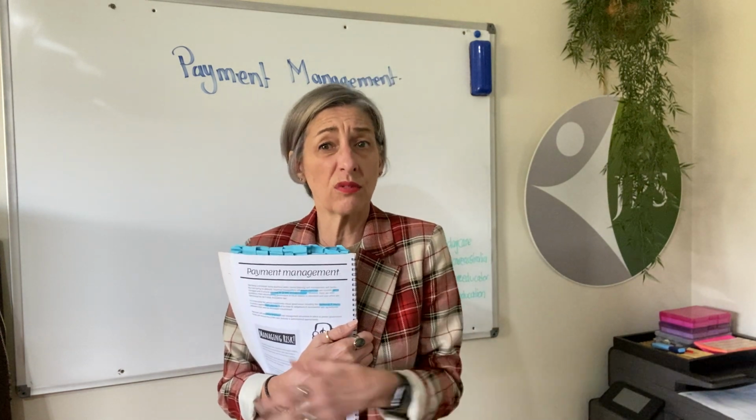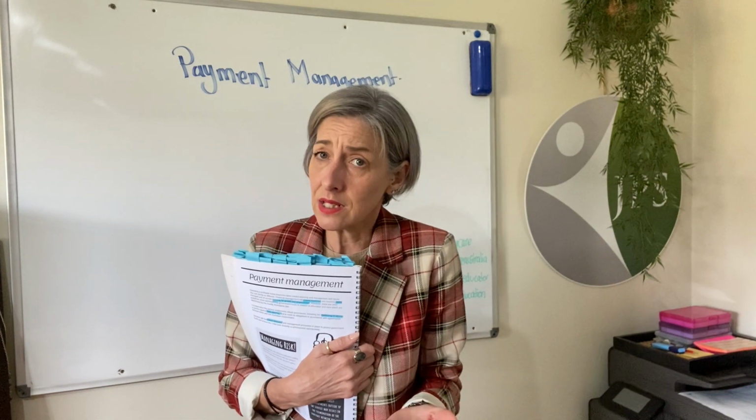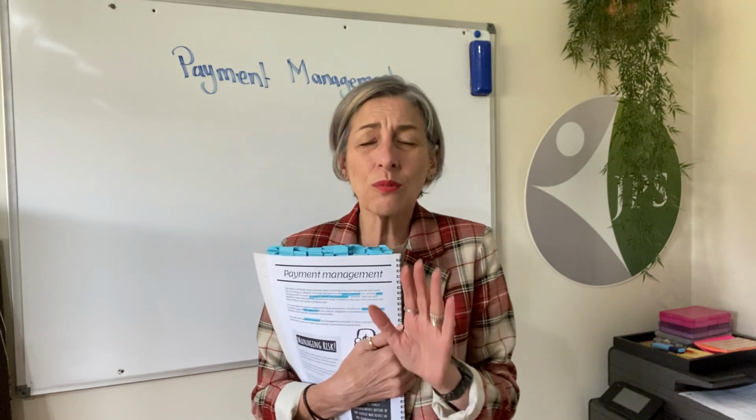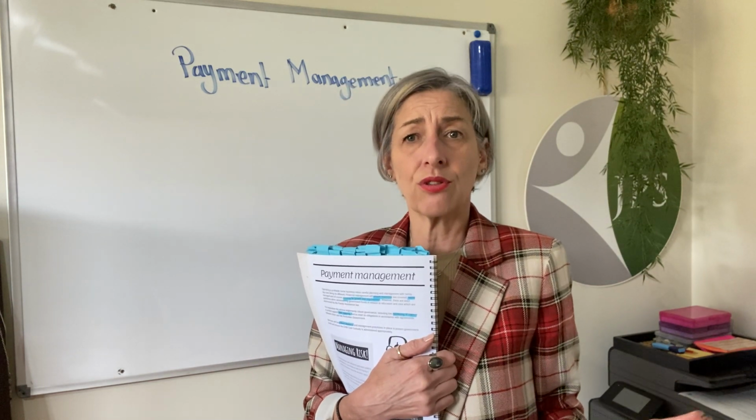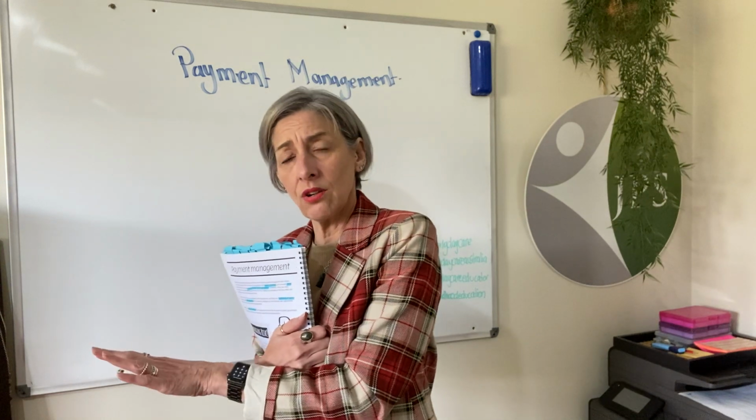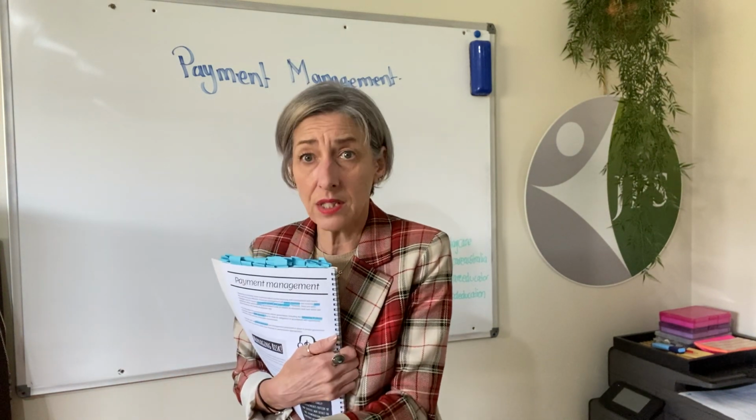That can lead to really big trouble. That can lead to services closing down. So we don't want any discrepancies to go through educators. Everything goes through the nominated supervisor, the service.